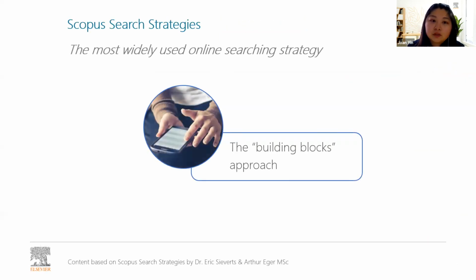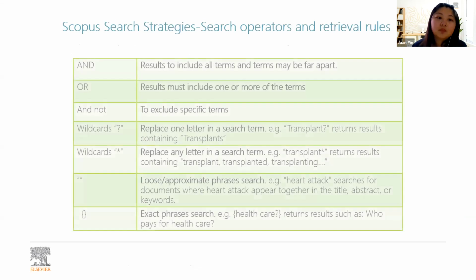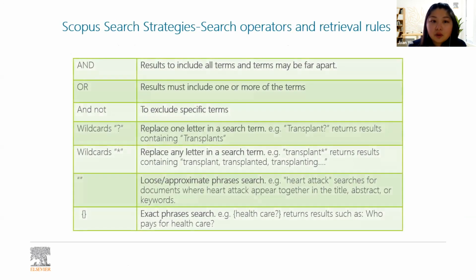Before we start to type in the keywords, I'm going to share some little tips about how to use the building block approach to get the keywords you want. Actually, there are lots of search operators and retrieval rules in Scopus.